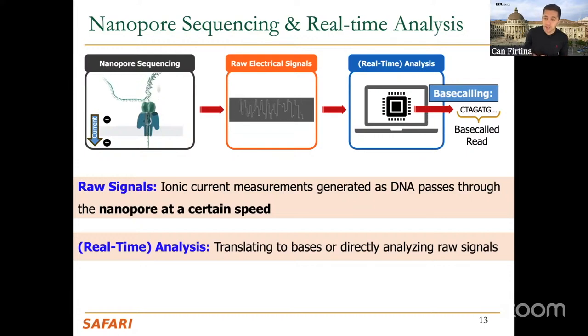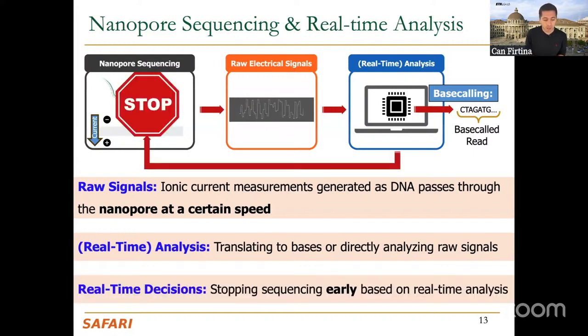Another advantage is, since this data is outputted as soon as it is available, in real time, we can also start analyzing this electrical data as soon as it is generated. This type of analysis is called real-time analysis, because we're analyzing the data as it is generated, at its data generation speed.